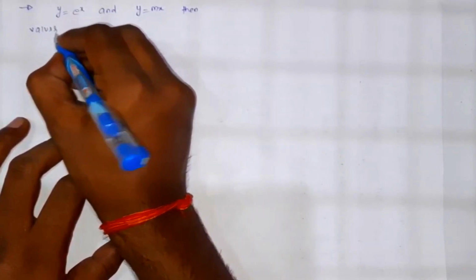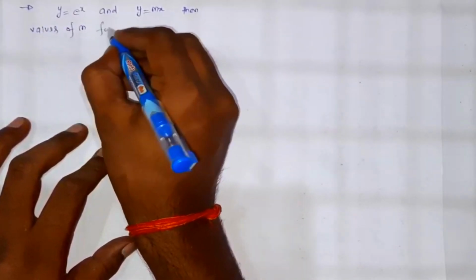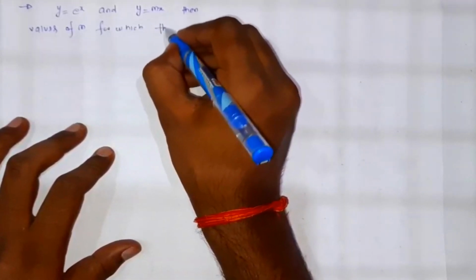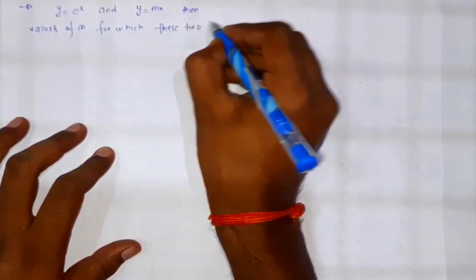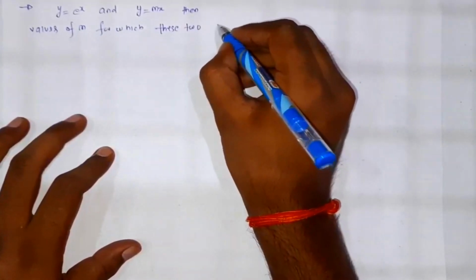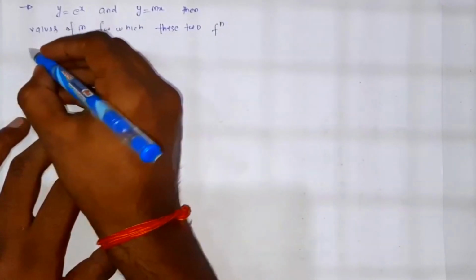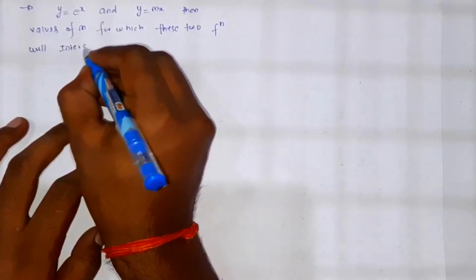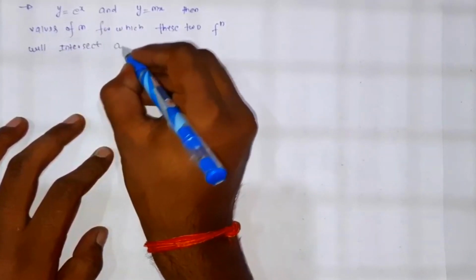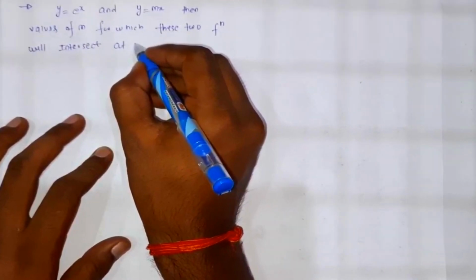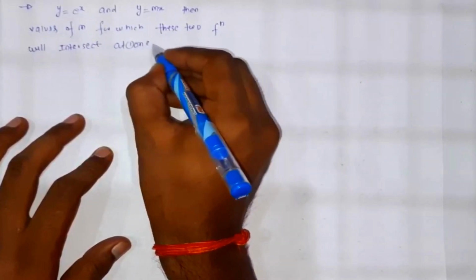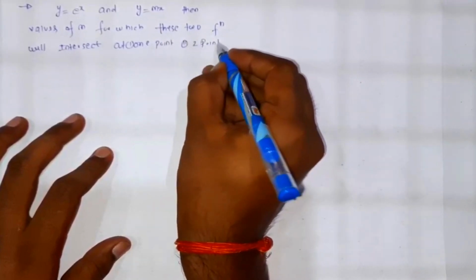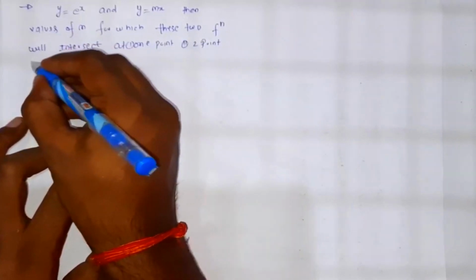Find the values of m for which these two functions will intersect at 1 point, 2 points, 3 points.